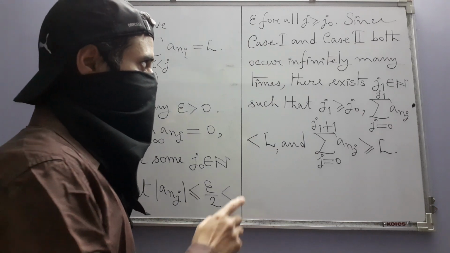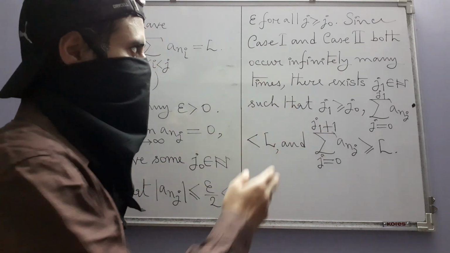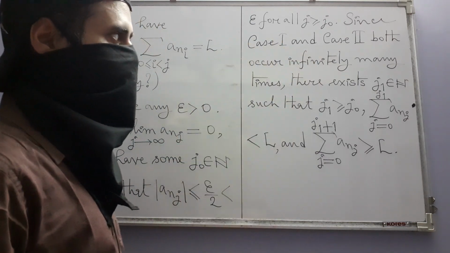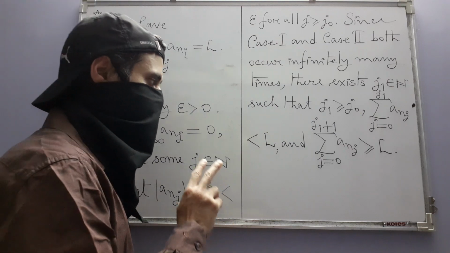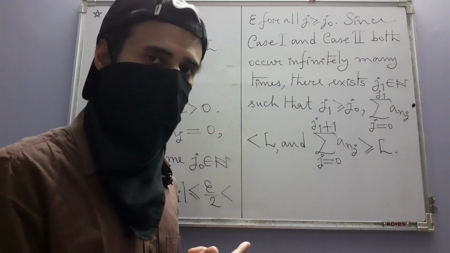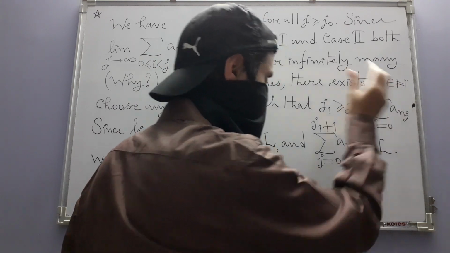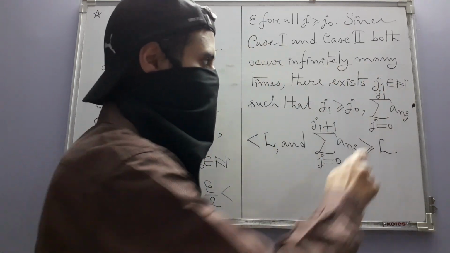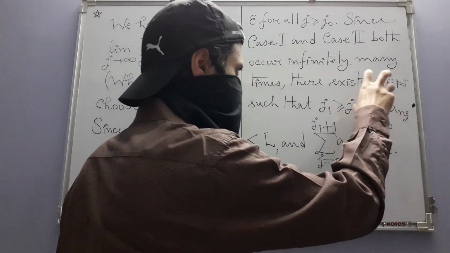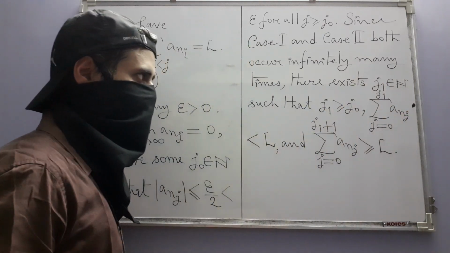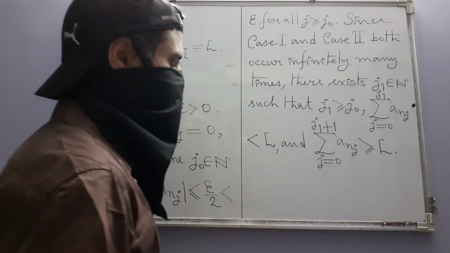But the question is, how are these inequalities being obtained from the fact that case 1 and case 2 both occur infinitely many times? Note that since case 1 has to occur infinitely many times, there exist infinitely many such j1s, infinitely many such upper limits of such sums, such that those sums are less than L. Okay, you get the point.